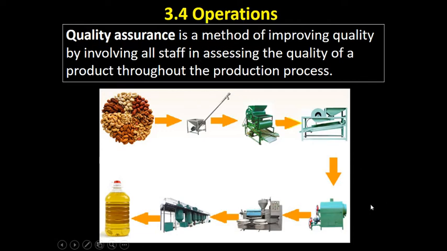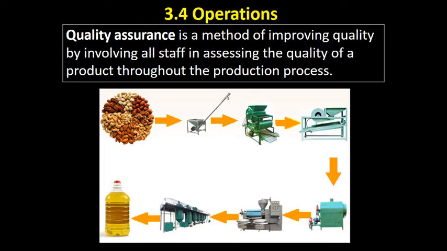They might check the process halfway through, check that the oil has been distilled in a reasonable way, and then maybe they'll sample 5 in 1,000 bottles of groundnut oil to make sure that the final product is okay as well.